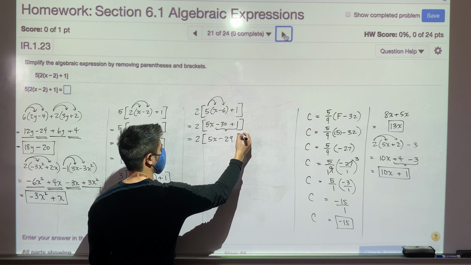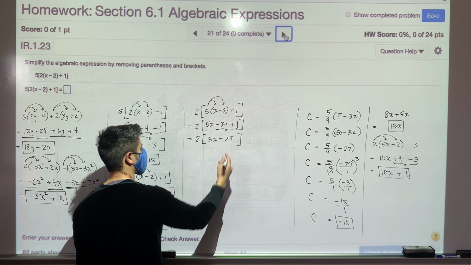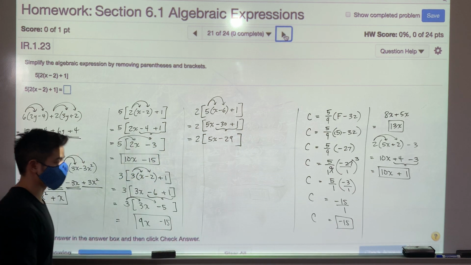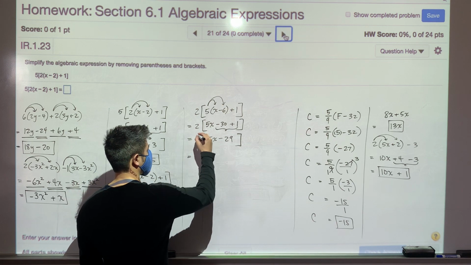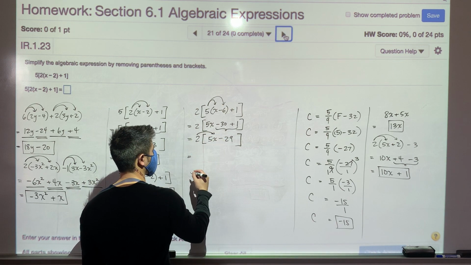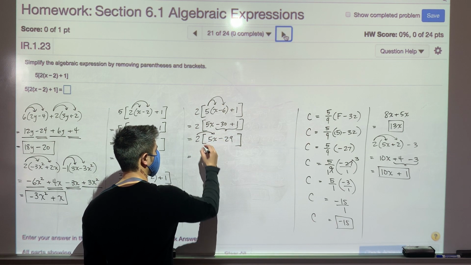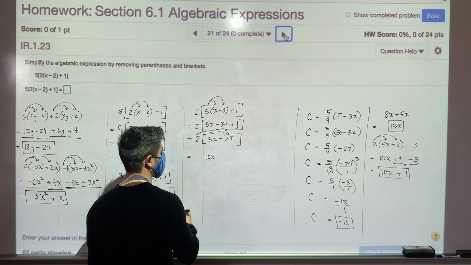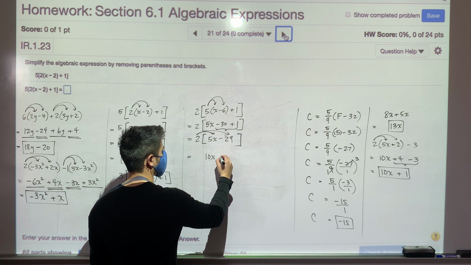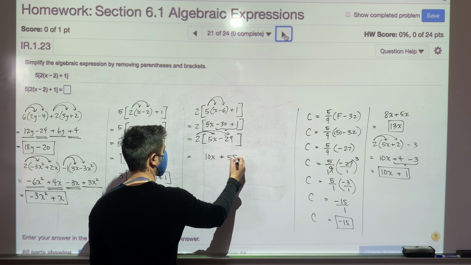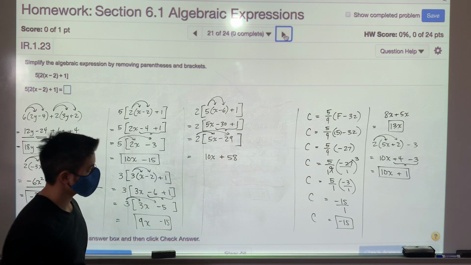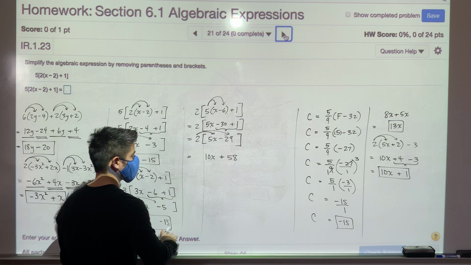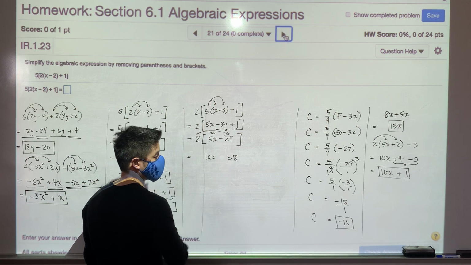And then the bracket. You got it. Okay, close it down for us. So then you multiply 2 by 5x equals 10x. Good. Then 2 by negative 29, and that equals positive 58. What should it be?